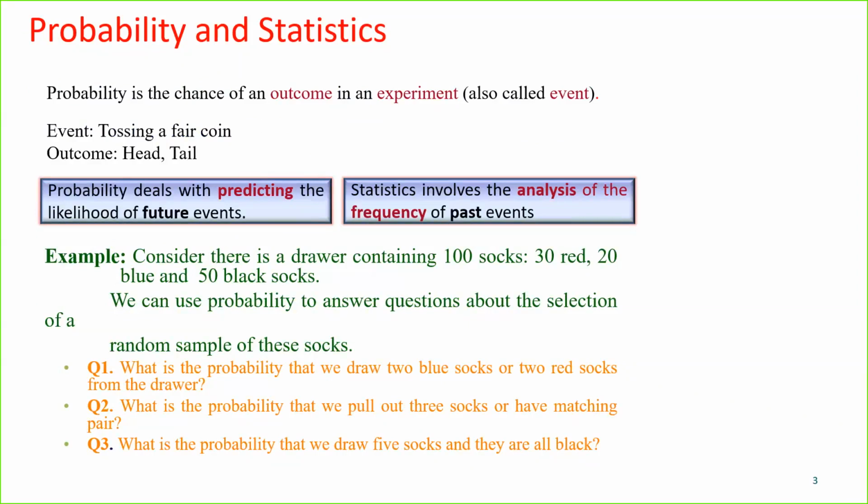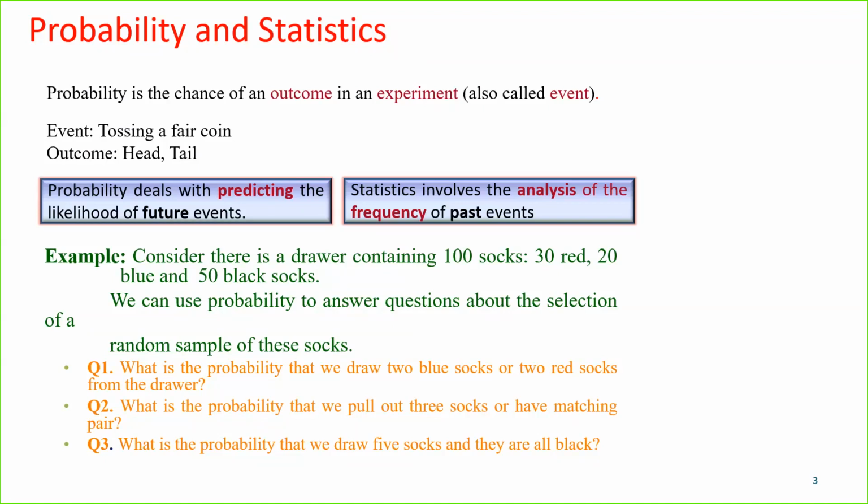What is the probability that a dice will land upon six? Or what is the probability of picking a king from the deck of cards? Or what is the probability of picking a red color ball from the drawer of balls? Or what is the probability of picking blue color socks from the drawer of socks? These kinds of questions you might have often heard of, right?